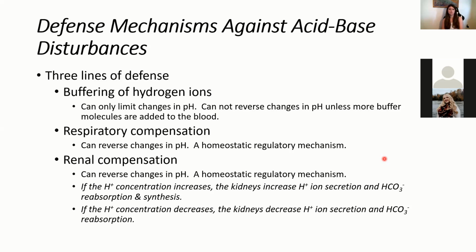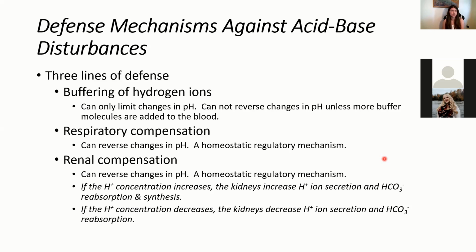If you have too much carbon dioxide in your blood and therefore your blood is too acidic, you can just breathe out that carbon dioxide. So that would count as respiratory compensation.